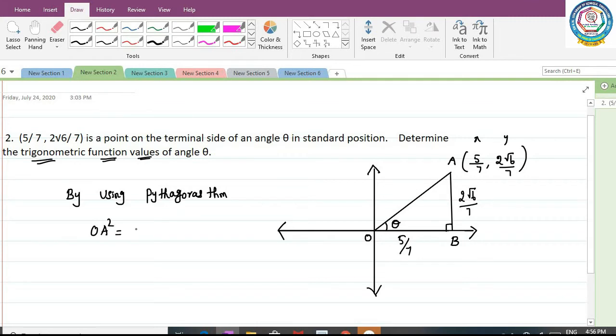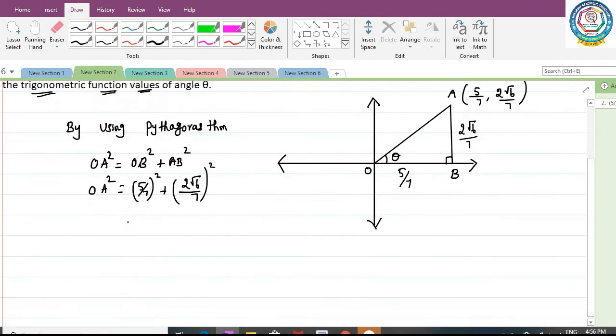So OA squared is equal to OB squared, the base squared, plus AB squared, the height squared. What is OA squared? That one we don't know. We have to find it out. OB is 5 by 7, the whole squared. AB is 2 root 6 by 7, the whole squared. Next you have to simplify this. 25 by 49 plus, here 2 squared is 4, root 6 the whole squared is 6, 6 fours are 24. 24 by 49.